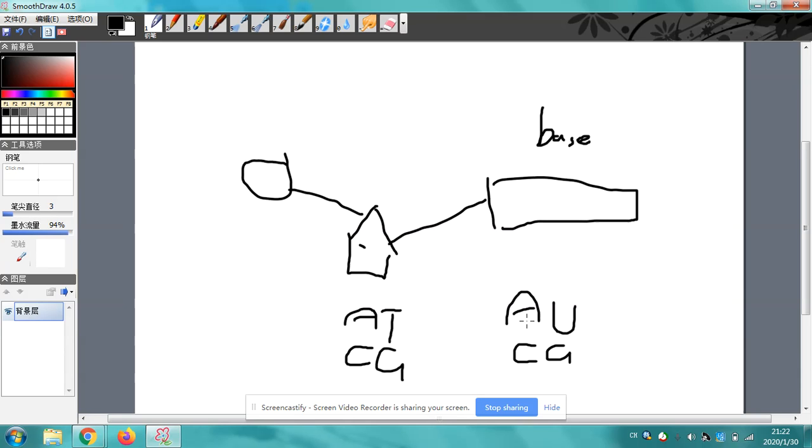Okay, turning the page. Is there anything more? All right. The two polynucleotide strands each have a helical shape and are wound around one another, forming a double helix.